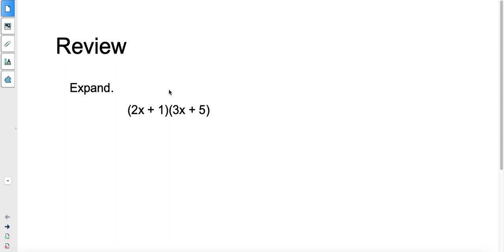So, let's say we were asked to expand 2x plus 1 times 3x plus 5. To do this, we need to multiply all the terms inside the first bracket by all the terms inside the second bracket. So this 2x here, I'm going to need to multiply by all the terms inside the second bracket.